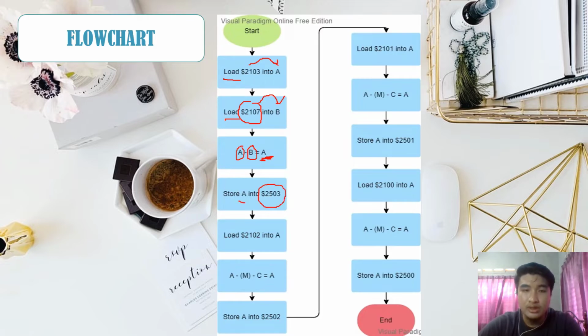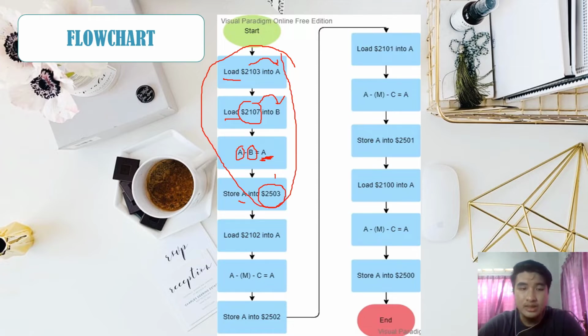This is the memory location where we want to store the value of A. This is the first operation for this system.